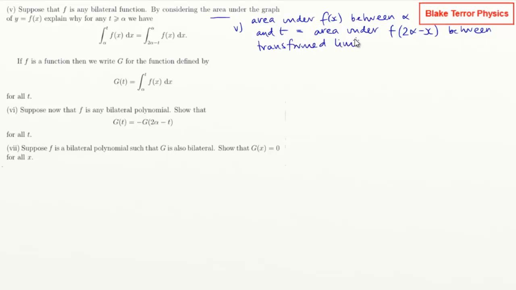As in, if we transform from f of x to 2 alpha minus x, and we transform the limits, then we'll get the same result.